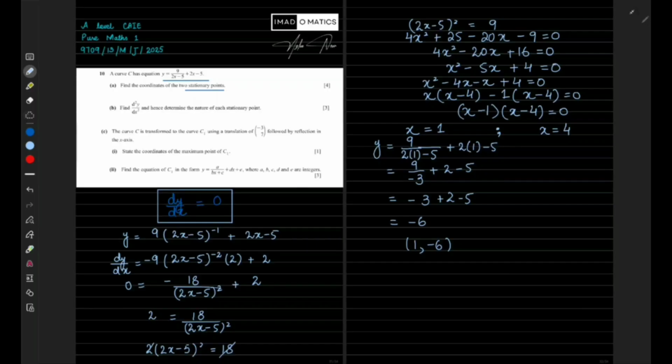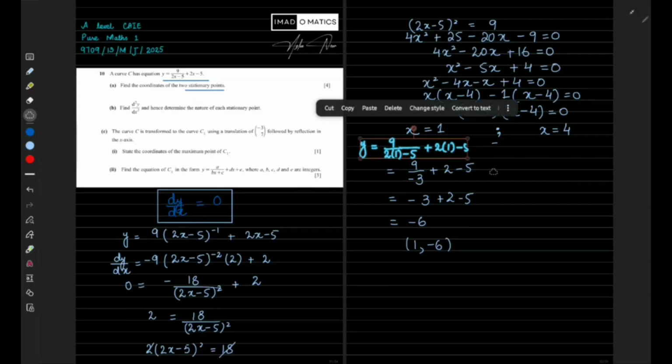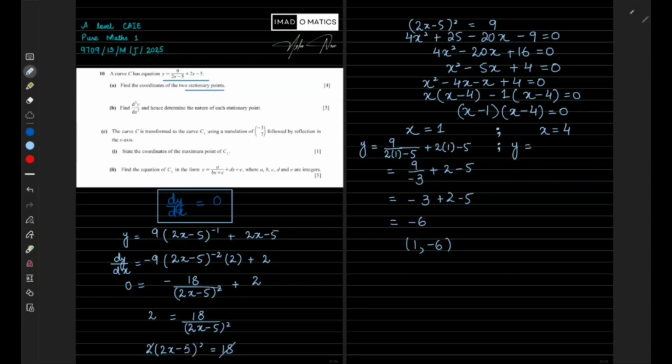So y equals 9 over 2x minus 5 plus 2x minus 5.